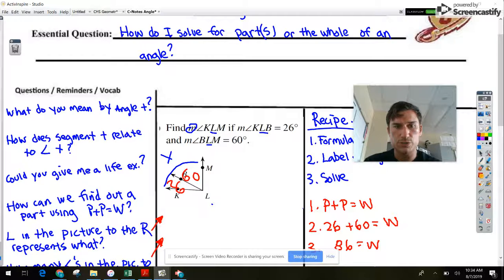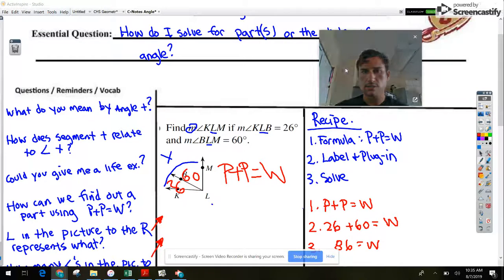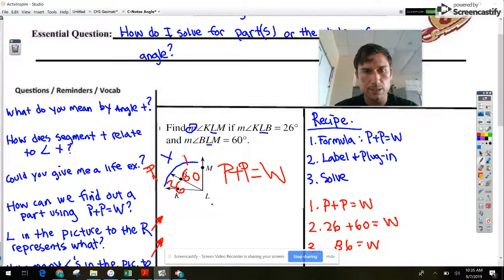So you'll notice that once you label up the picture, all we're doing is angle addition. The formula is going to be part plus part is whole. So the formula is P plus P equals W. Part plus part equals whole. We can label it up: P, P, W. So now we have 60 plus 26.